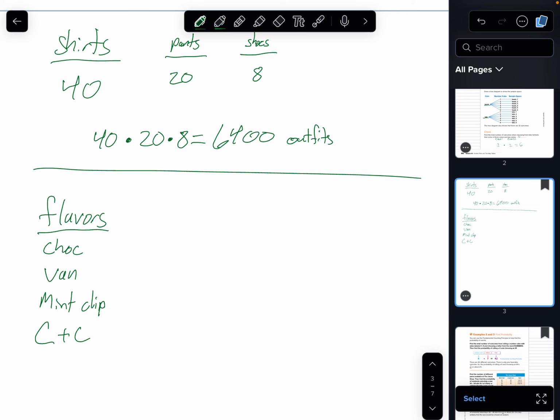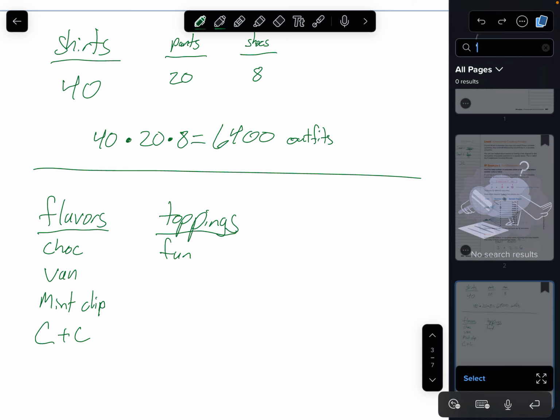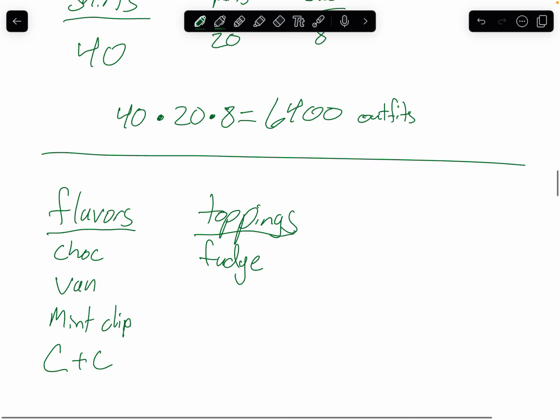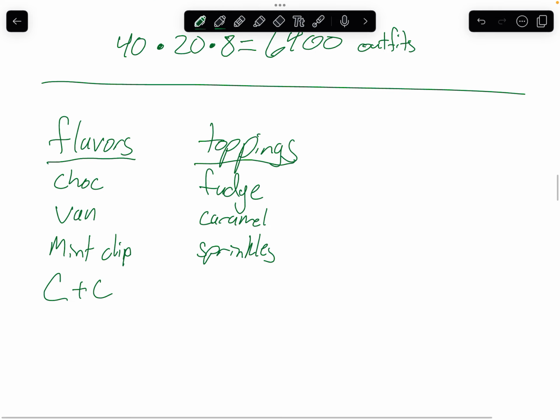Okay. Then we have toppings. We have fudge, we have caramel, we have sprinkles, we have a shell, and one more topping, we'll go with butterscotch.